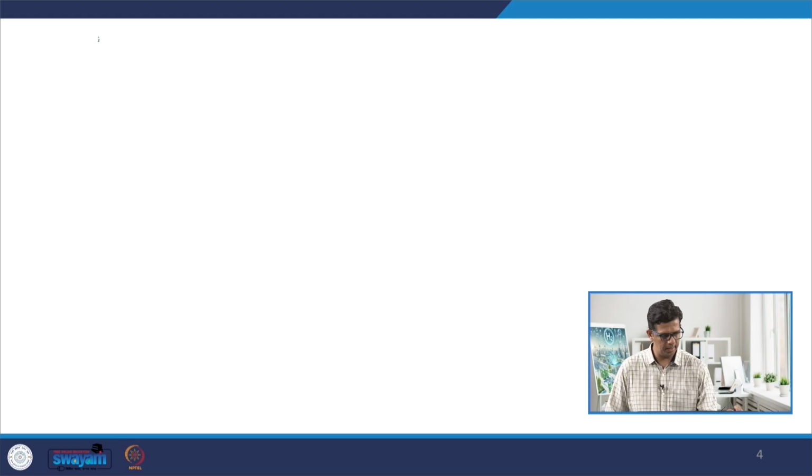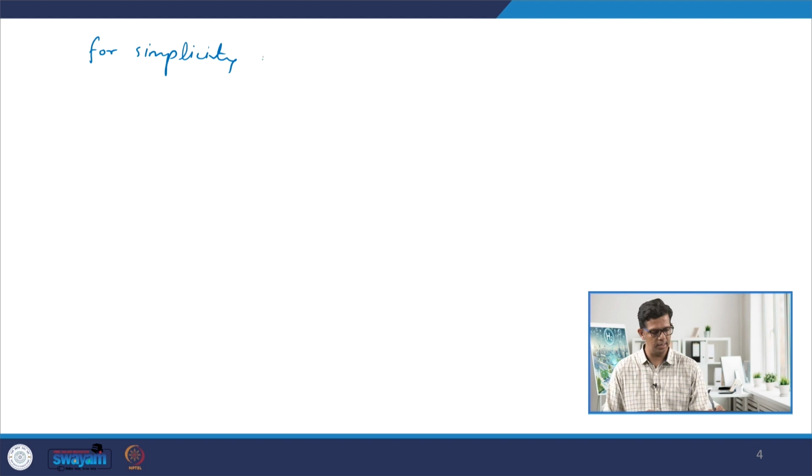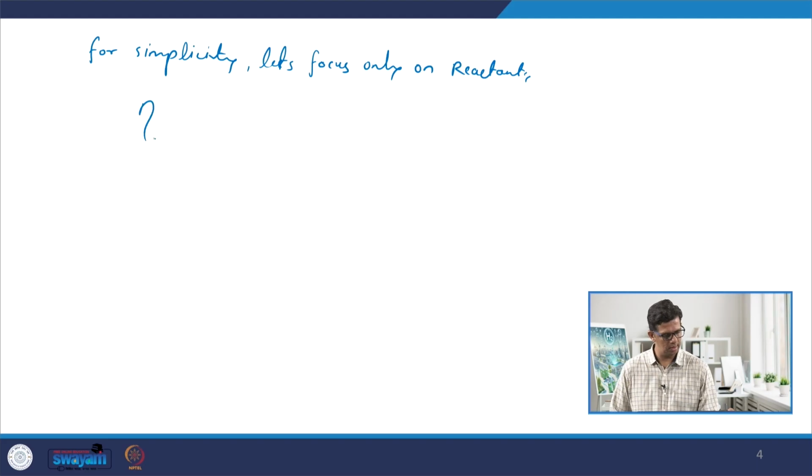So for simplicity, let's focus only on the reactants. So let's write the concentration eta, due to the Nernst potential, which is basically the difference in the Nernst potentials En and En star.